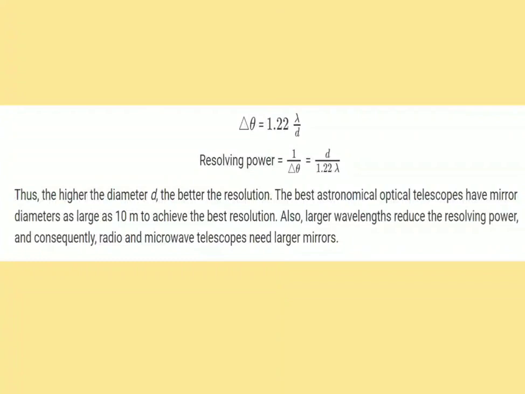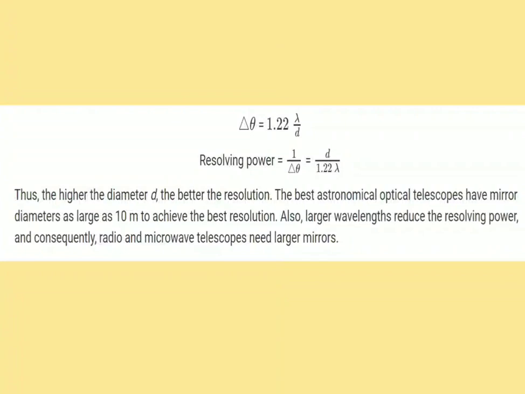The higher the diameter, the better the resolution. That means the best astronomical optical telescopes have mirror diameters as large as 10 meters to achieve the best resolution.